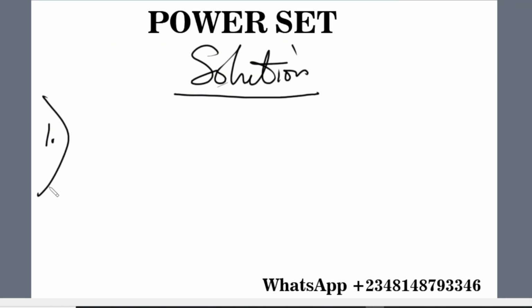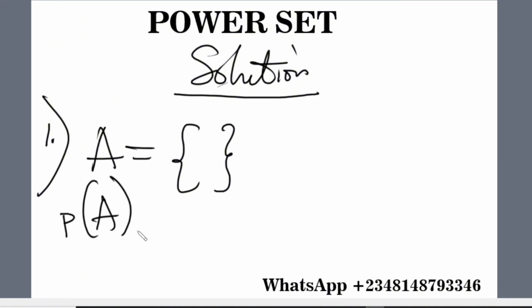Number 1, if you look at number 1 question very well, you would notice that it is an empty set, where A equals a curly bracket without an element in it. So now let's write down the formula for power set. So we have here P(A) equals 2 raised to power n, where n is the number of elements in the set, and here we don't have an element in this set, so n equals 0.